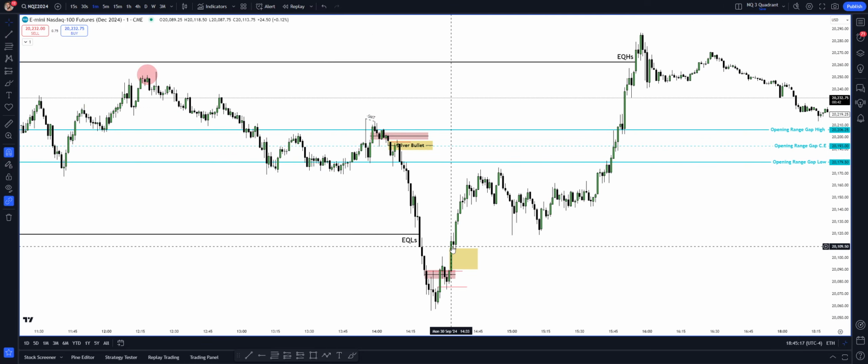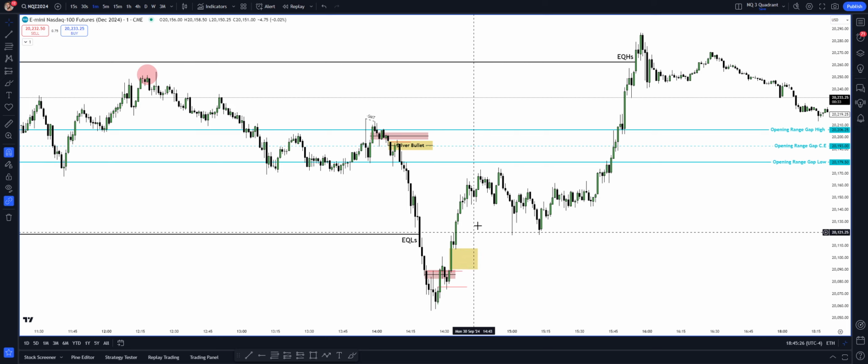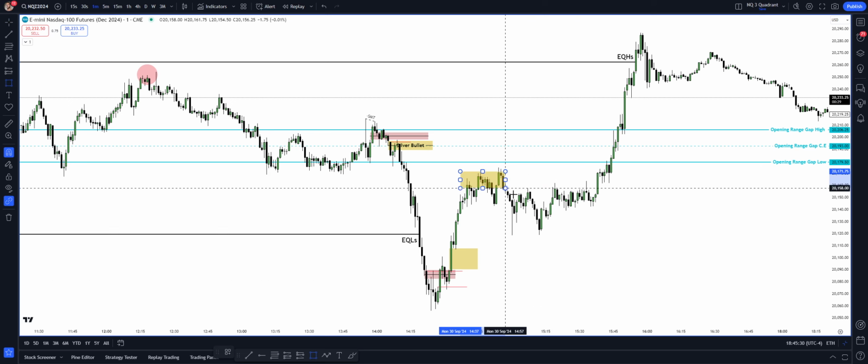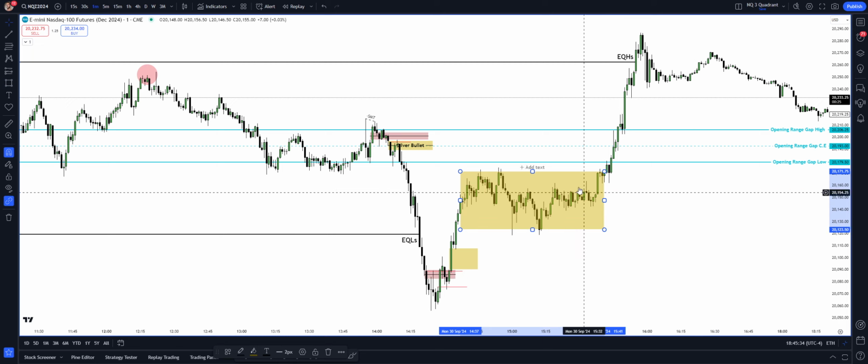So here, it displaced, retested the fair value gap, or price touched the fair value gap, didn't even go for the CE indicating strength, popped, and this is basically a long accumulation at this point. The market is allowing smart money to accumulate long positions in this whole area.